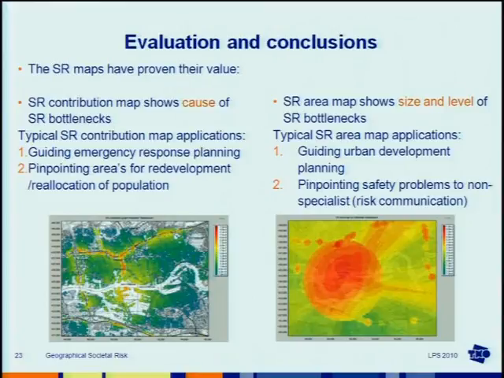Typical applications for the contribution map are guiding emergency response planning or pinpointing areas for redevelopment or reallocation of population. For the societal risk area map, guiding urban development planning or pinpointing safety problems to non-specialists. So it's really in risk communication as well.